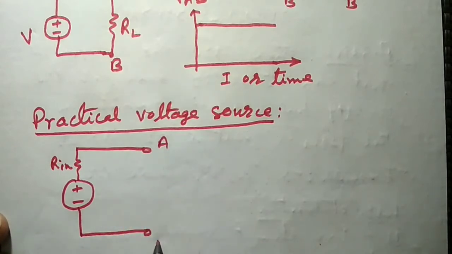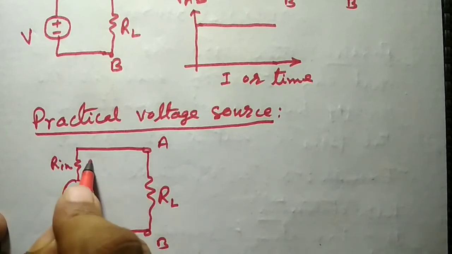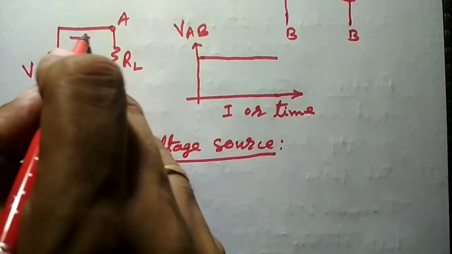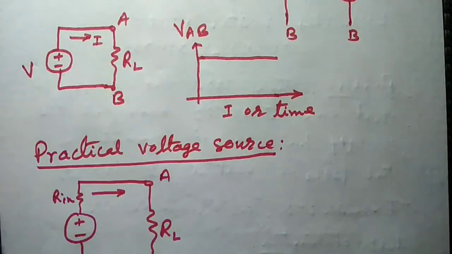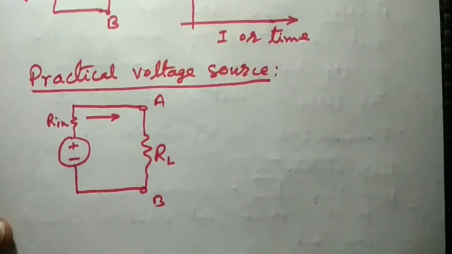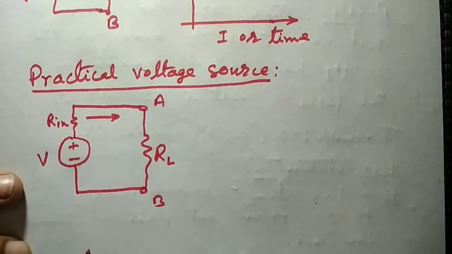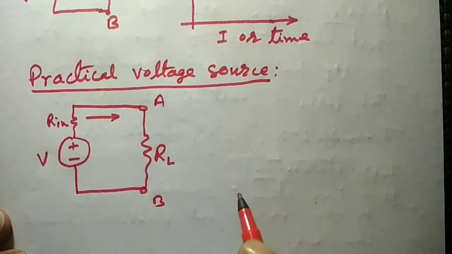And this is the load terminal, and a load resistance RL is connected. So the current will flow. This is the voltage source value V, Rin is the internal resistance and RL is the load resistance. It is a practical voltage source.